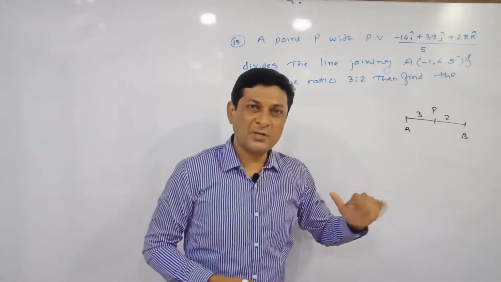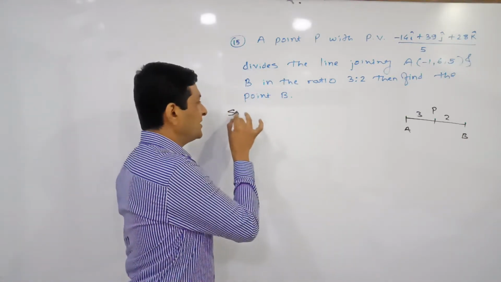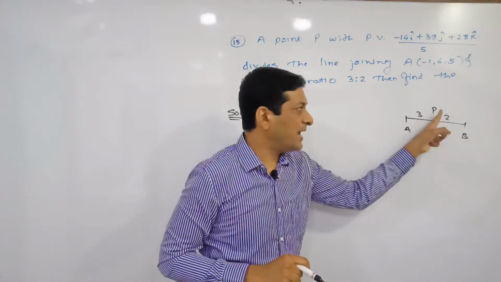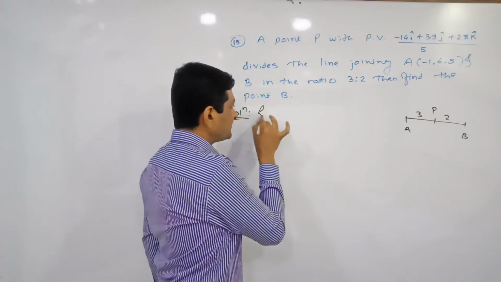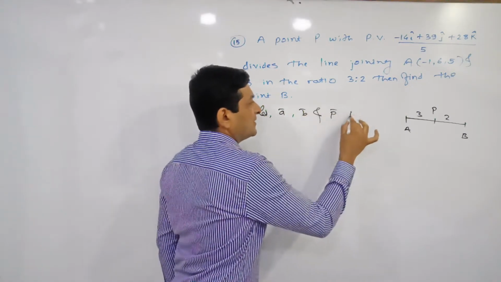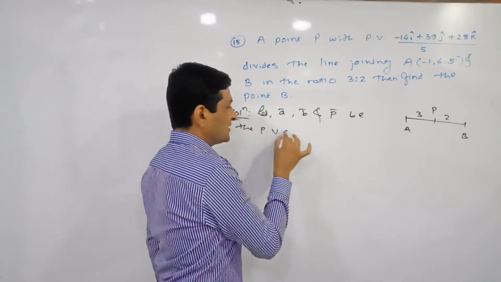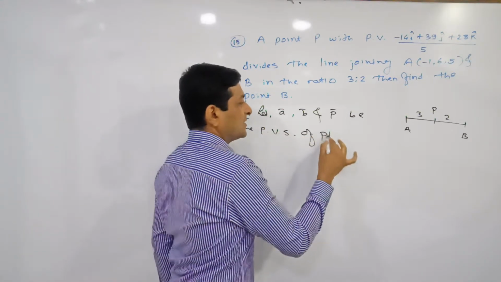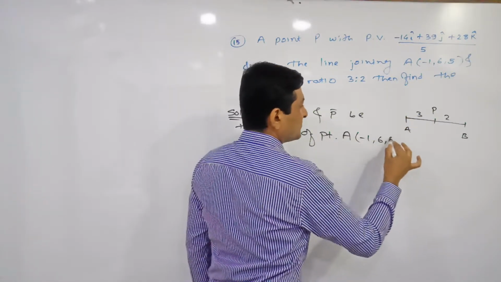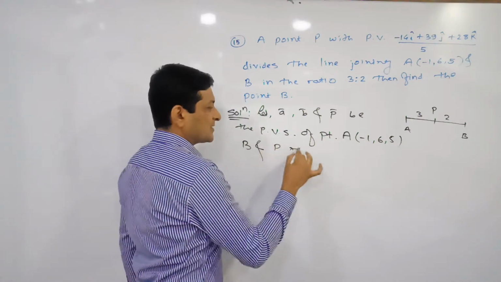The question is to find the coordinates of point B. So let us denote the positions of these points by A bar, B bar and P bar. Let A bar, B bar and P bar be the position vectors of points A, B and P respectively. What are the coordinates of point A? -1, 6, 5.